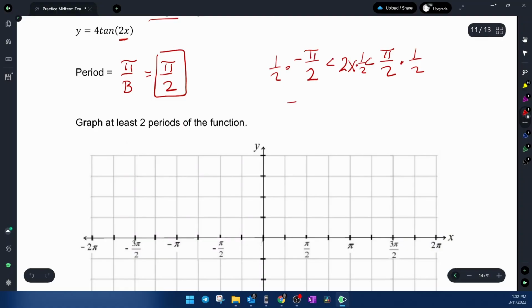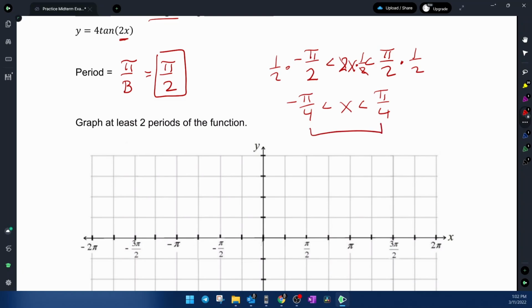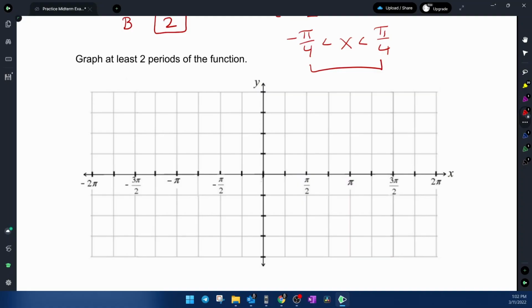So that's going to give us negative pi over 4. The half and the 2 are going to cancel, leaving me x. And the pi over 4, this gives me a pair of consecutive asymptotes.